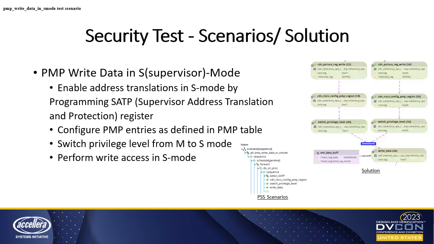It then switches the privilege level from machine mode to supervisor mode. That's where the PMP checking actually kicks in. So it then performs a write access in S mode. Assuming a positive scenario, a PMP region is randomly selected for access in S mode, and the memory access in S mode should have no problems.